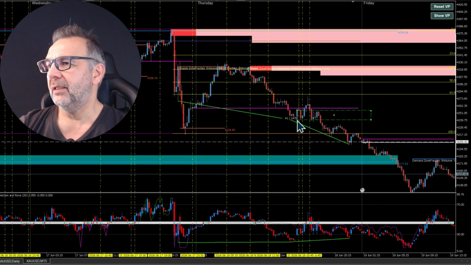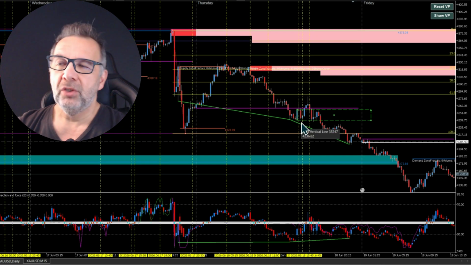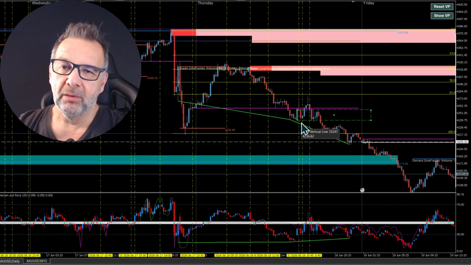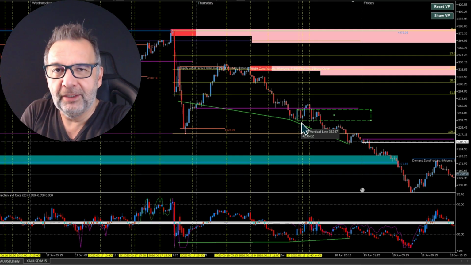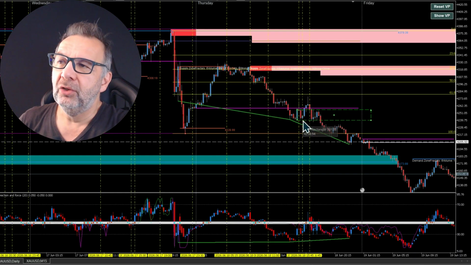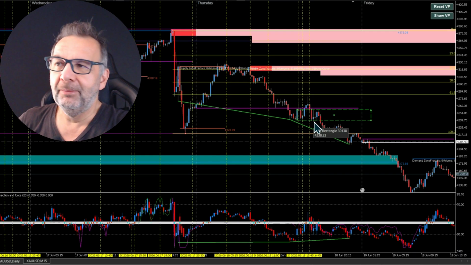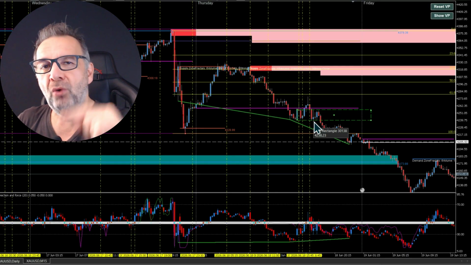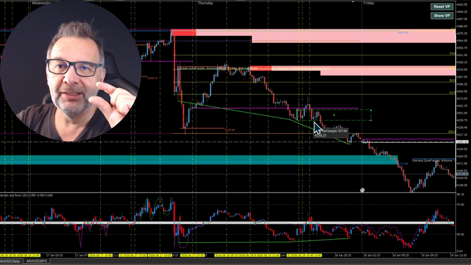If you entered in this zone, your stop loss would have been just under that bar there. So you only had literally one bar stop loss. If you got stopped out, that's fine. It's part of the game. Okay. And that's how it is. If you boxed it and you went in with a breakout, your stop loss would have been under there. Then you would have been stopped out here, but that's fine. Being wrong is okay. With timing, your risk is minimal.